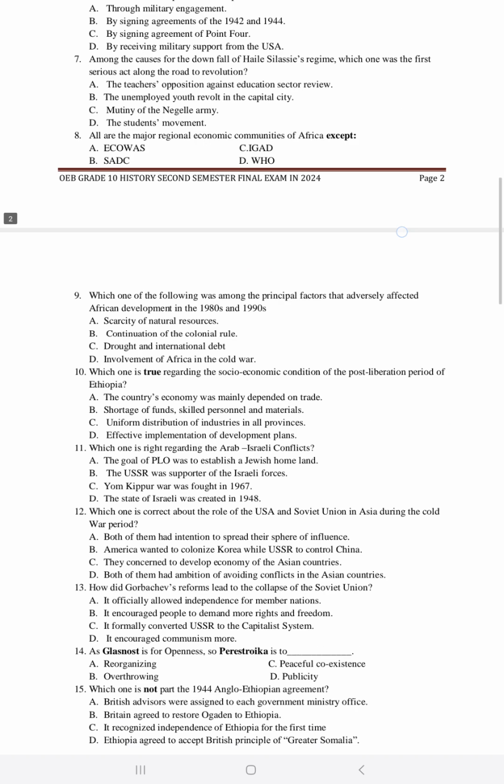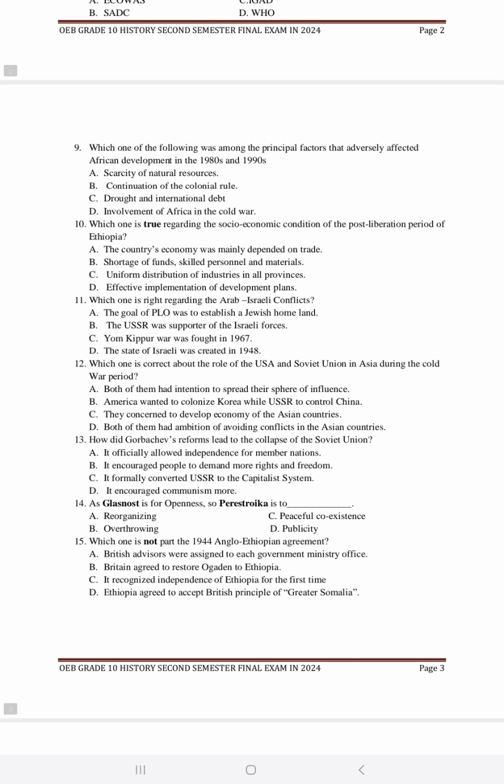Question number 9. Which one of the following was among the principal factors that adversely affected African development in the 1980s and 1990s?